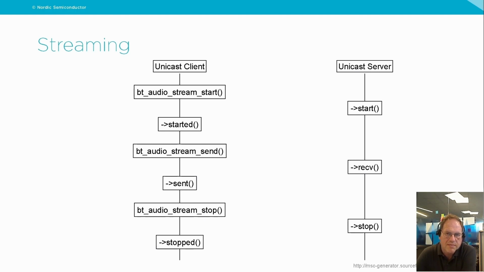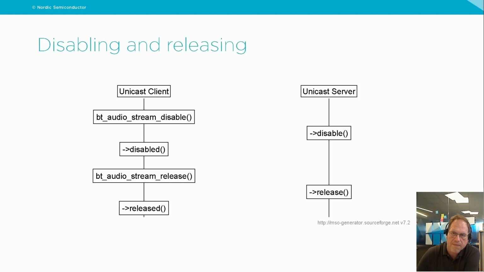And when there is no longer a need to stream any more data, the client will stop the stream. So after the stream has been stopped, the client will disable the stream, which basically disconnects the isochronous streams.